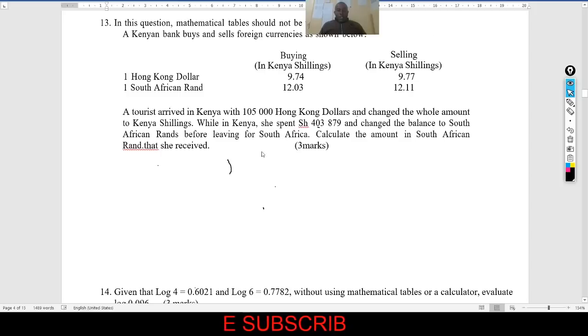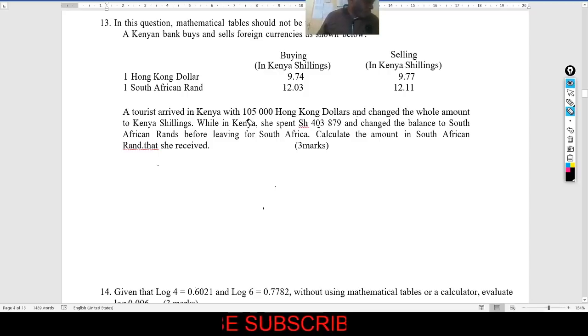So first of all, we need to change the 105,000 to Kenyan shillings. Because he is going with foreign currency, the bank is going to buy, so it is going to use 9.74.